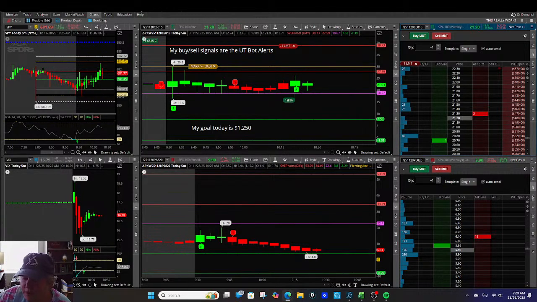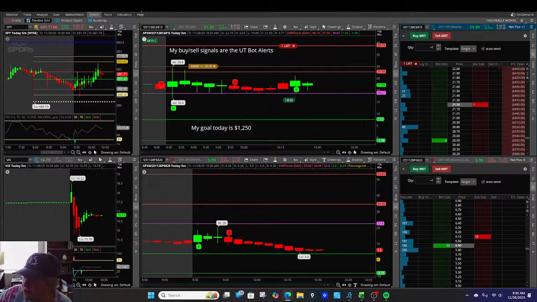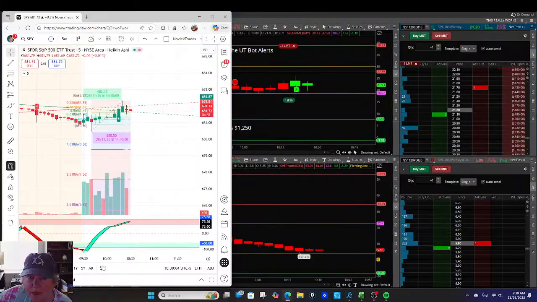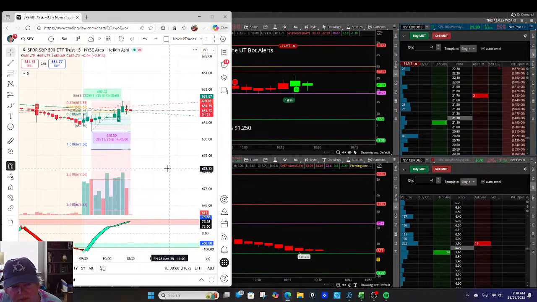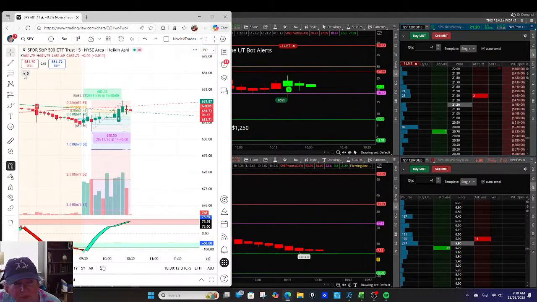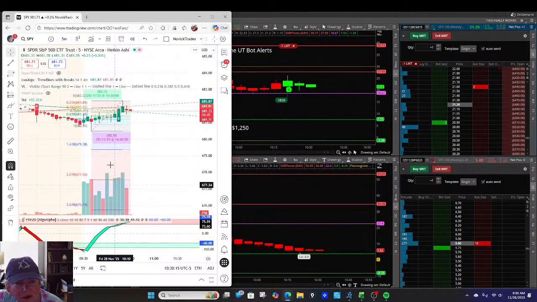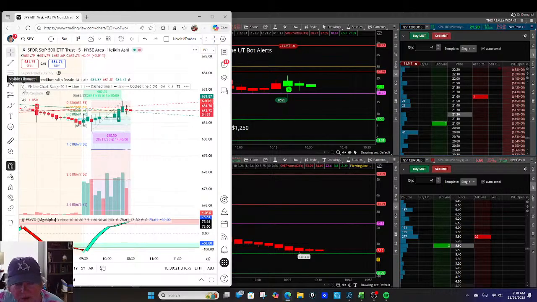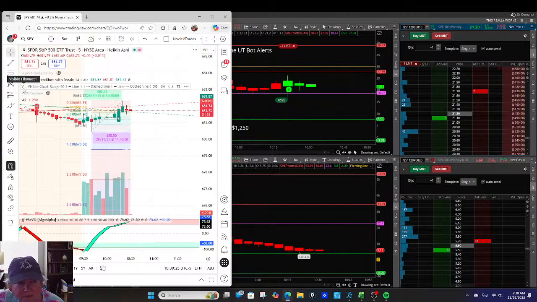I want to take a minute and share with you my TradingView screen. I showed it earlier, but I didn't say anything, but I want to go over what I use. I use the visible Fibonacci that's found in TradingView.